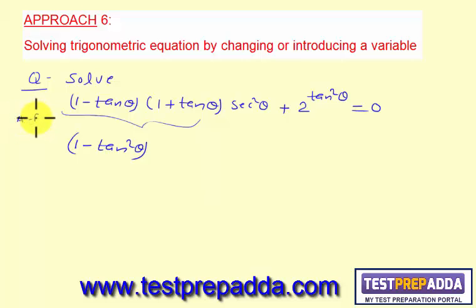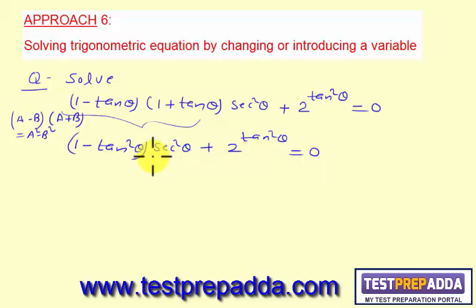As you know, (a - b)(a + b) is equal to a square minus b square. So I can write 1 minus tan theta into 1 plus tan theta as 1 minus tan square theta, into sec square theta plus 2 to the power tan square theta is equal to 0.